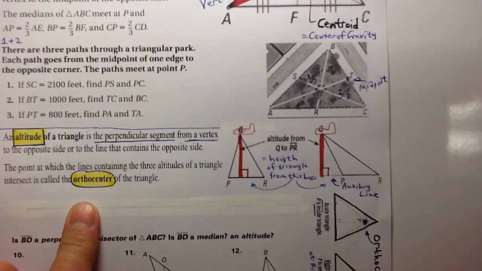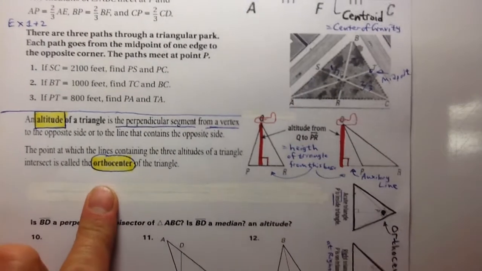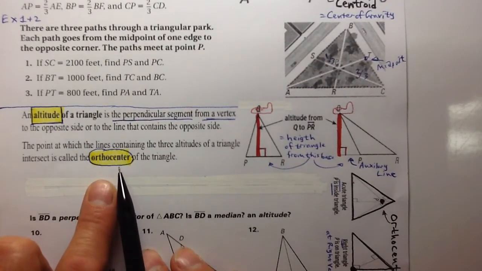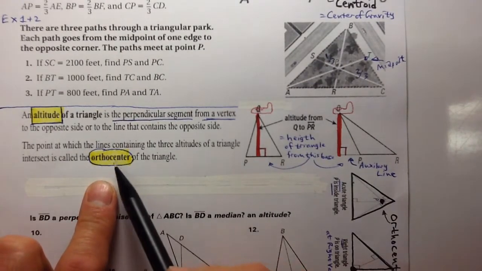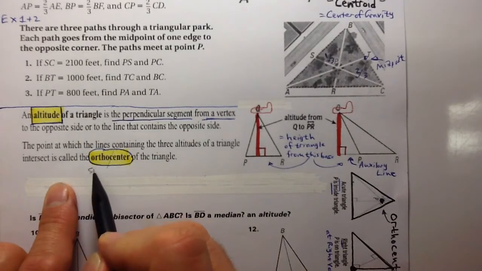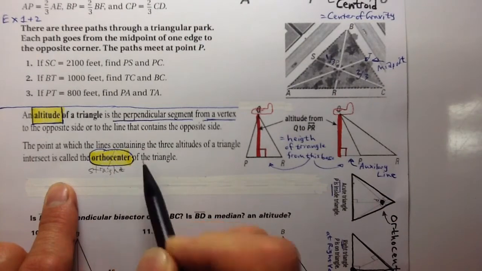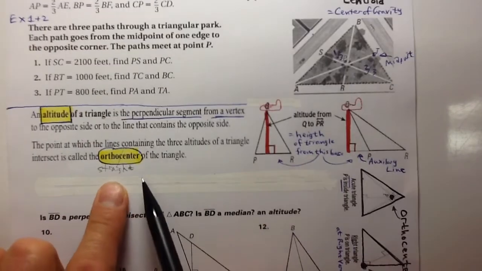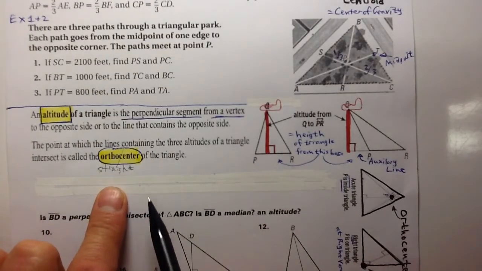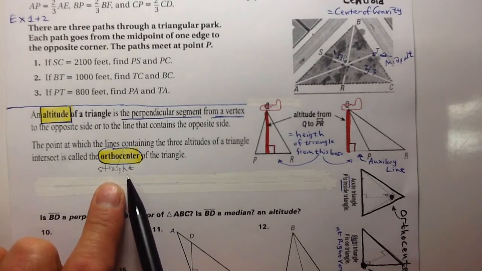Now, it seems kind of crazy, but it is true that here again, these altitudes do have a point of concurrence, and that is called the orthocenter. Ortho, how are we going to remember this? Ortho means straight. When you go to the orthodontist for him or her to do their orthodontics, what do they do to your teeth?